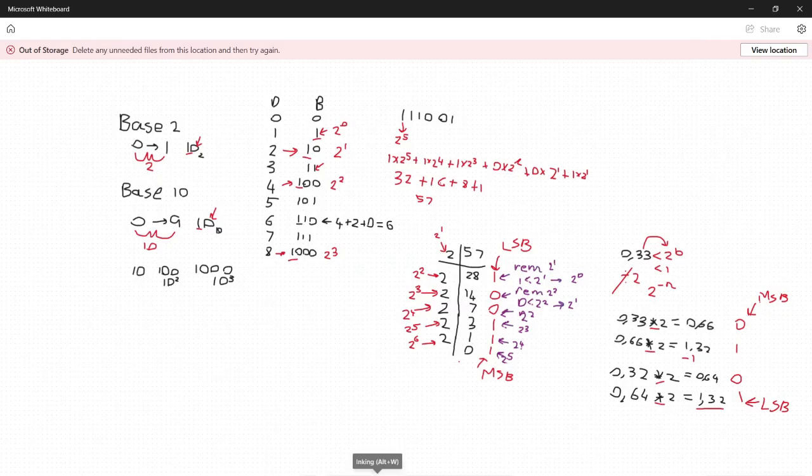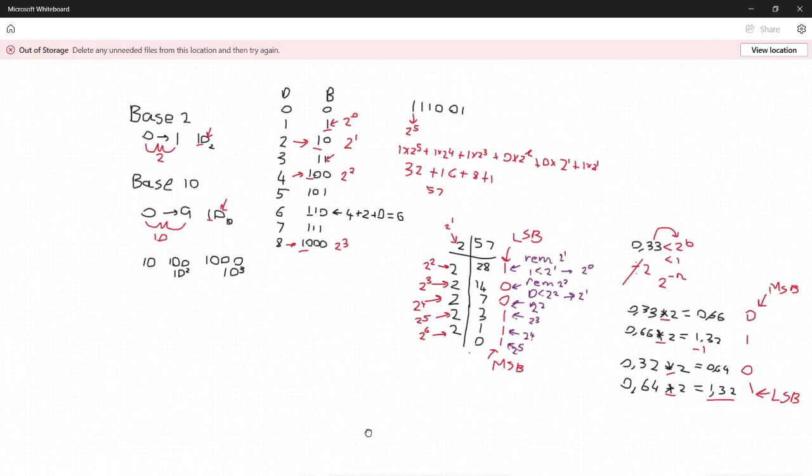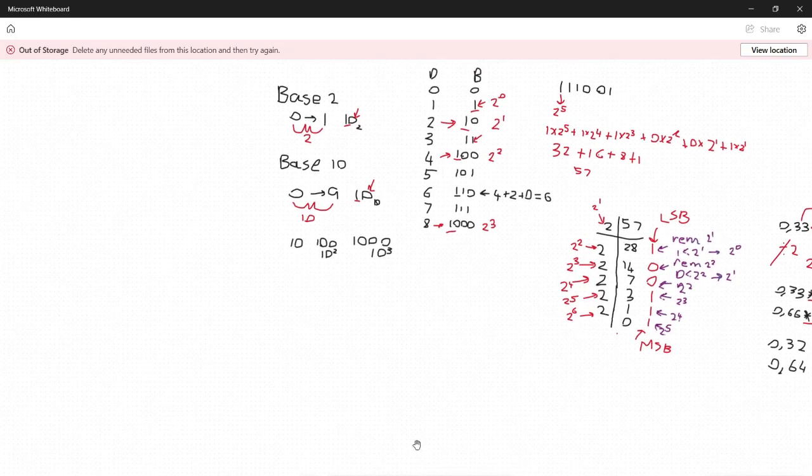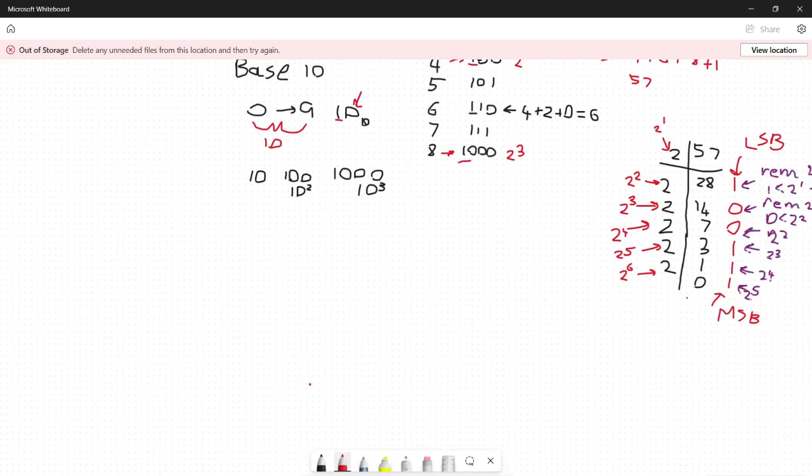Now, let's look at addition and subtraction for binary numbers. Well, when we add two binary numbers, let's say 4, which is 1 0 0, and 5, we're going to add these two.